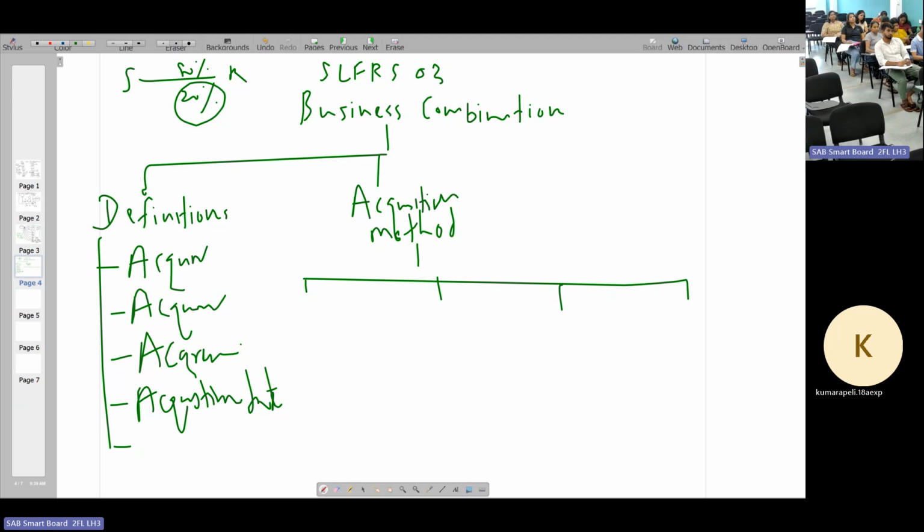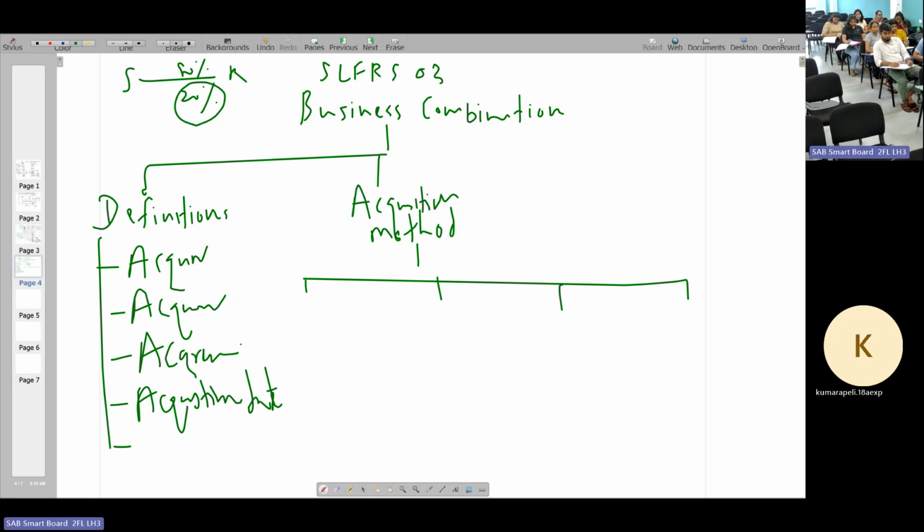Is that part of the equity of Sarath or Ranjani? Part of the equity of Ranjani. Sarath acquired 80%, and there is non-controlling interest of 20%. That's part of equity which is not directly or indirectly controlled by the parent. Right?